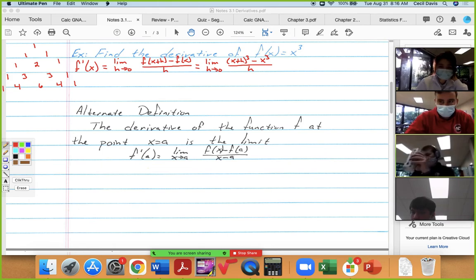That makes taking something like x plus h cubed or to the 4th or to the 5th a lot faster than trying to do it by hand.